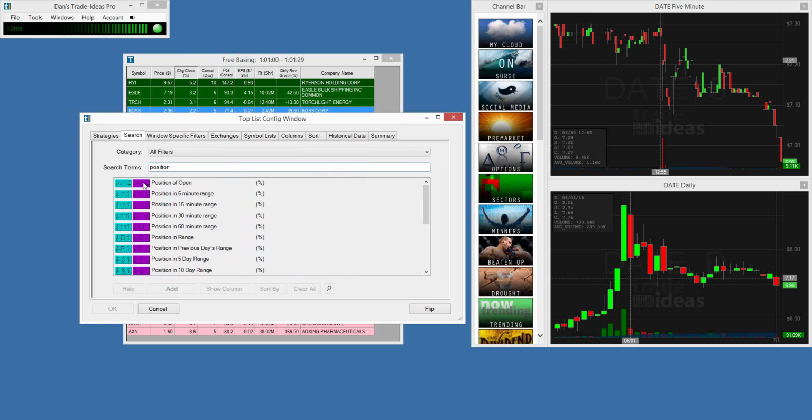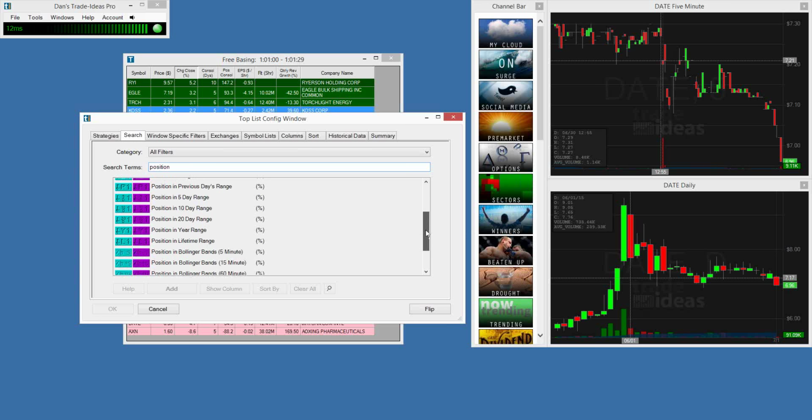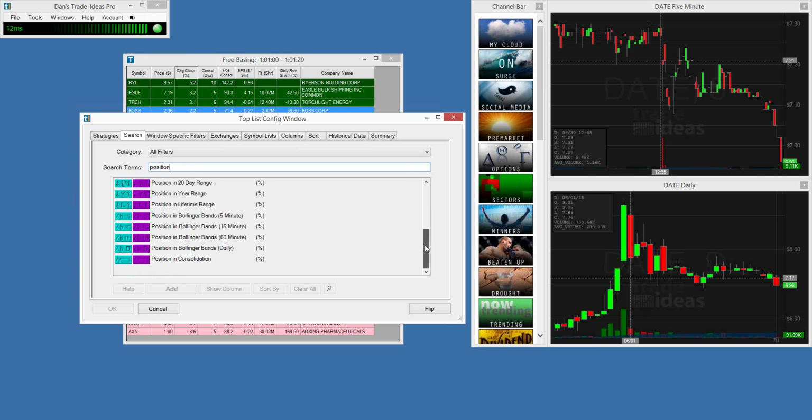Okay, we have position of open, position in 5-minute range, 15, 30, 60, today, yesterday, 5-day, 10-day, 20-day, year. Position in the lifetime, in Bollinger Bands, on different time scales, and of course consolidation.